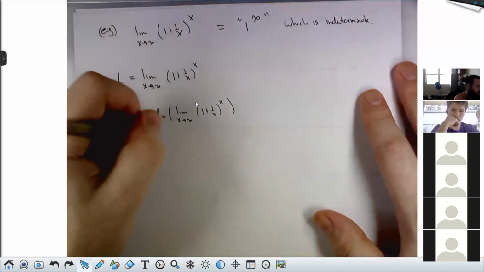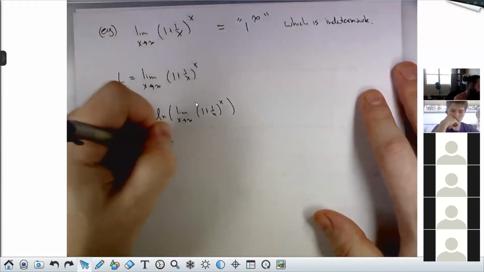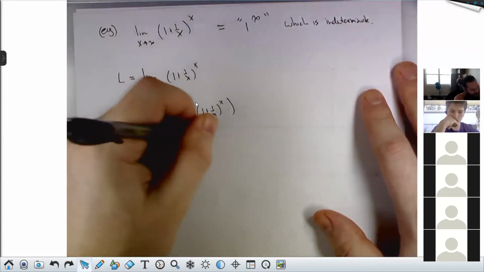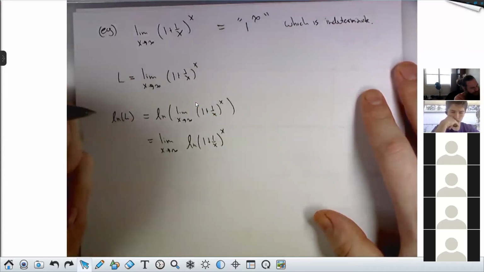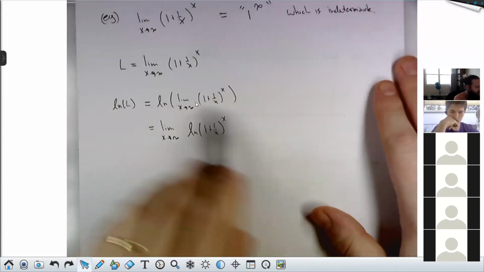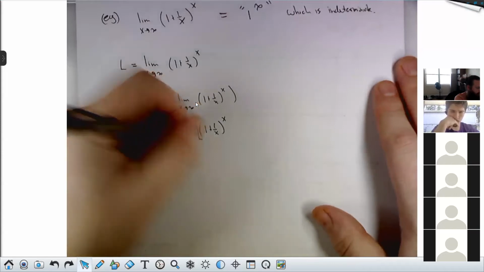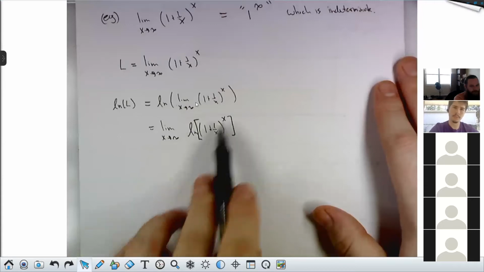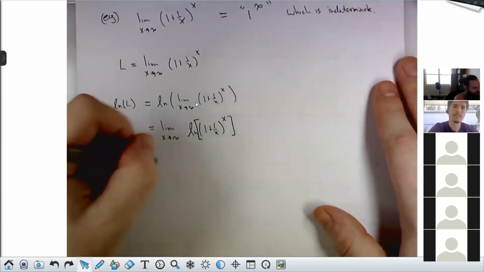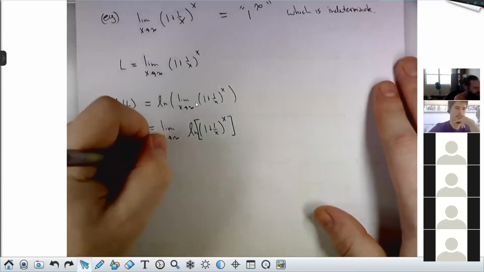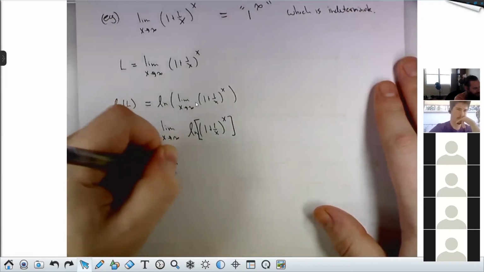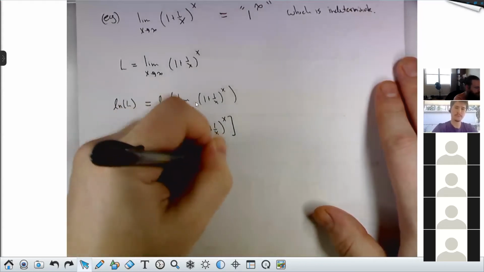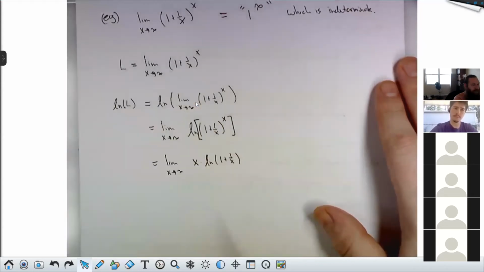Then the limit comes out of the log. And now you've got the natural log of (1 + 1/x)^x. That's the same as the limit as x goes to infinity of x times the natural log of (1 + 1/x).